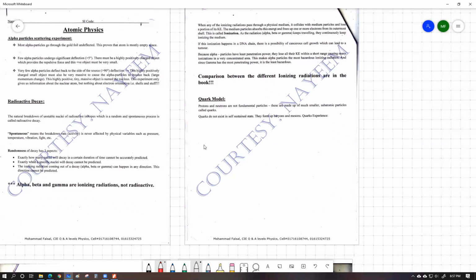Full stop. However, an individual quark or antiquark cannot exist individually. Full stop.